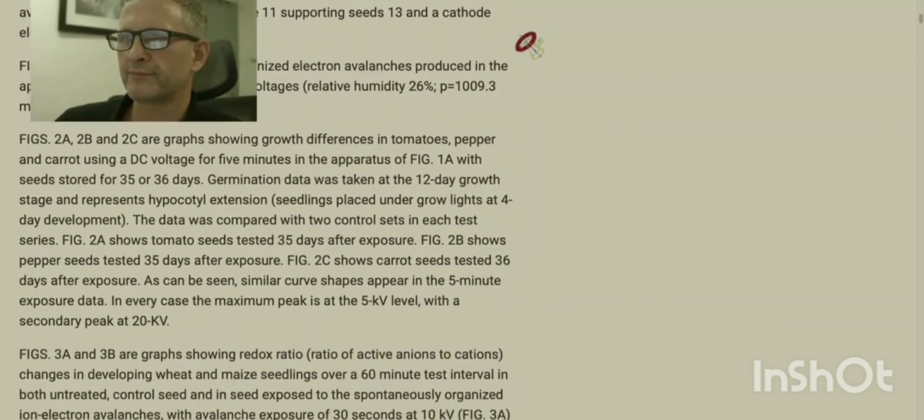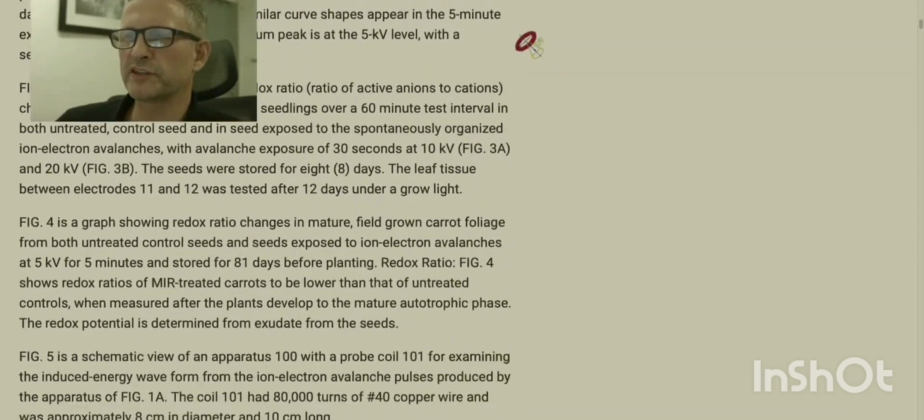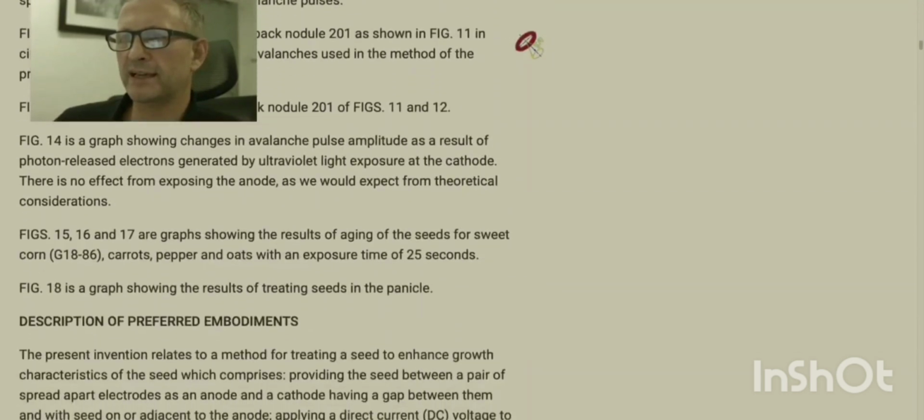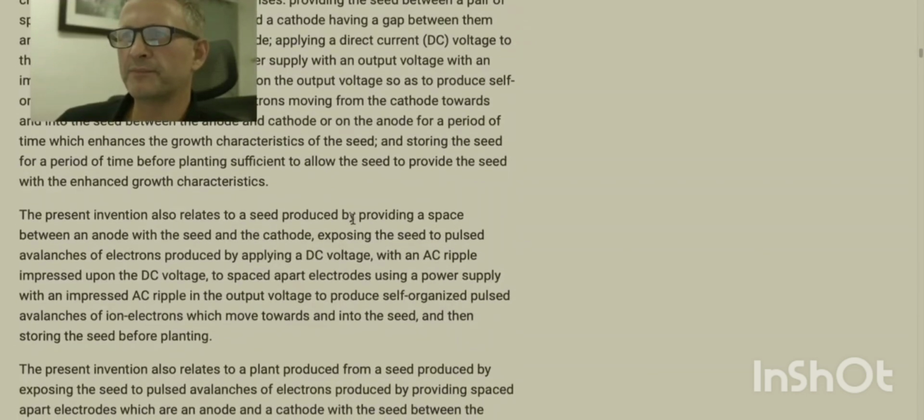Anyway, to cut a long story short, and we will go through this in detail, just like in the system of plasma water flow plasma discharge in Bogdanovich et al., they have a DC voltage bias and an AC or pulsed ripple.